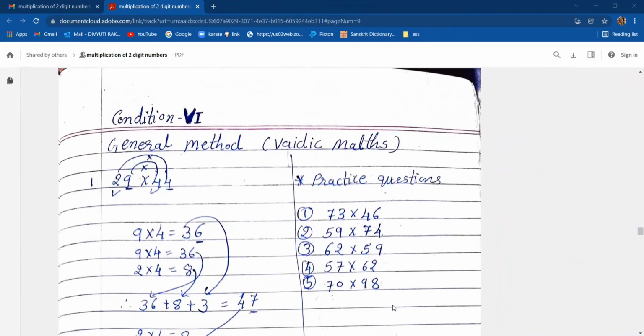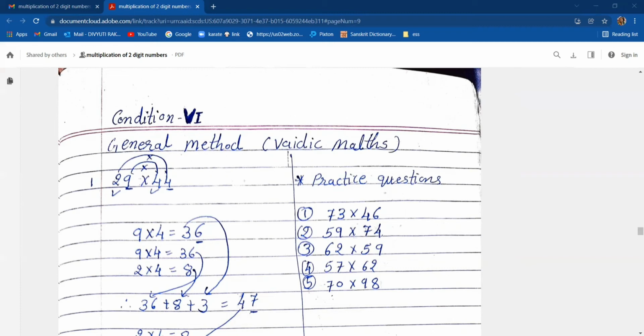Now this is a very important method of multiplication, and this method can be applied to any kind of multiplication. If you forget any kind of condition, and you get confusion about which method should be applied or not, then no need to be confused, because this method can be applied anywhere for any kind of multiplication when you are given 2 digit numbers, right?